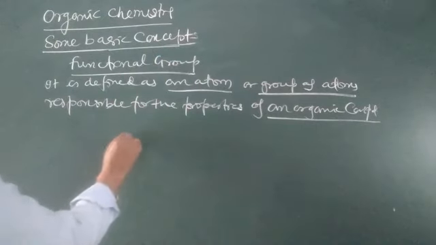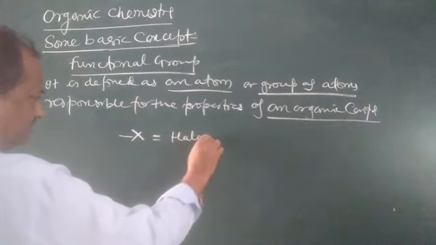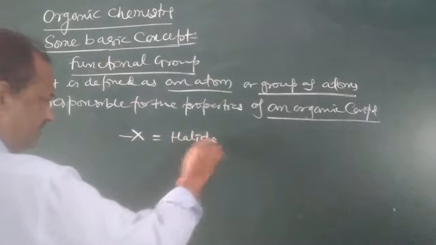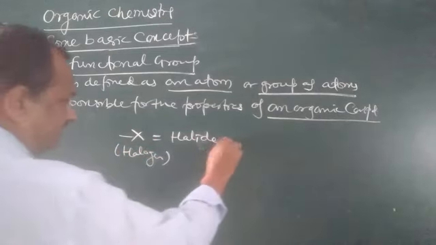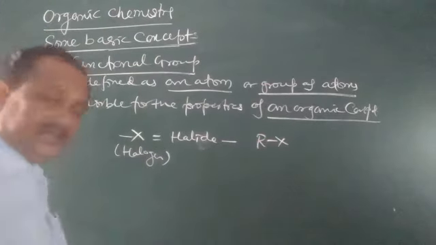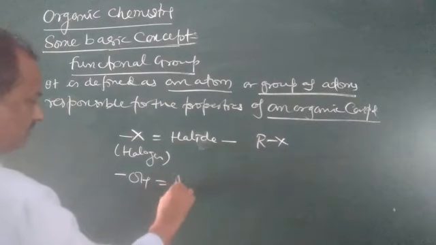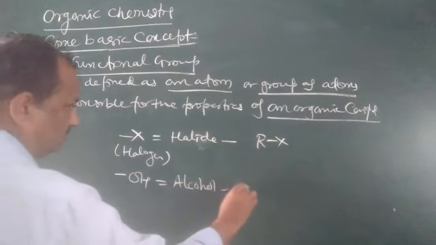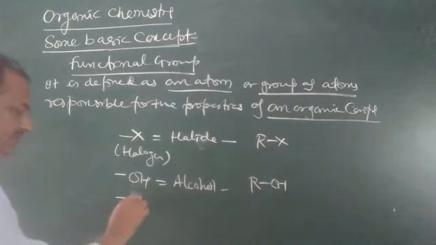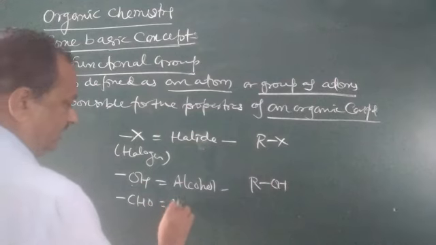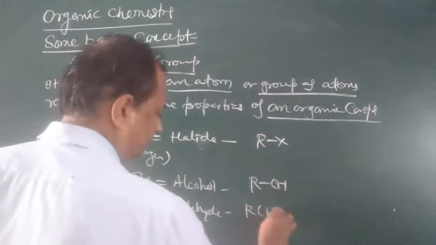Like if we write X, so X is for the halides, and this X is halogen, and the compound will be RX. Similarly, if I write here OH, so here the compound will be alcohol, and it will be ROH. This is alcoholic group. Similarly, if I write here CHO, the compound will be aldehyde and RCHO.